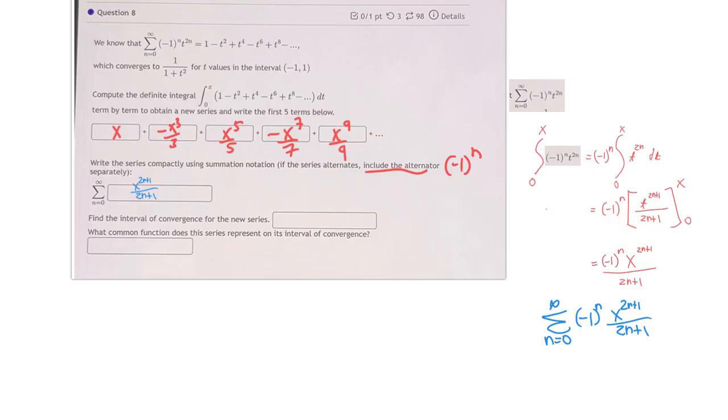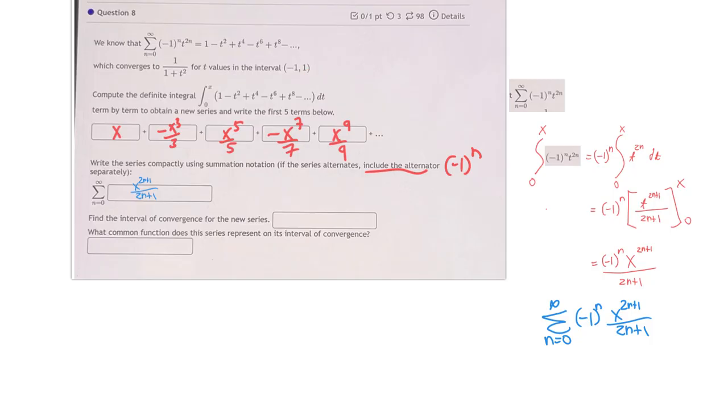Find the interval of convergence for the new series. Well, the old interval of convergence was this, from -1 to 1. Notice how -1 is not included in the interval because it has parentheses next to it. And notice how this also has parentheses next to it.